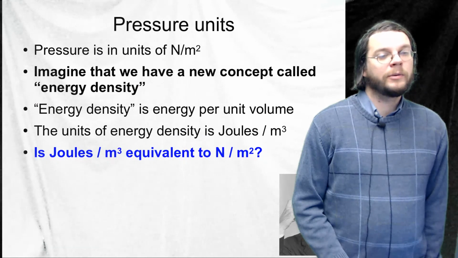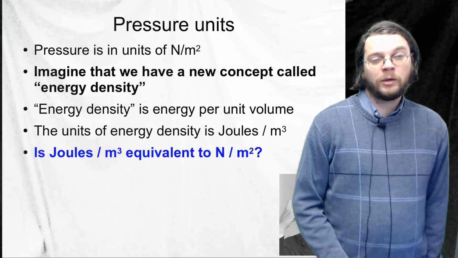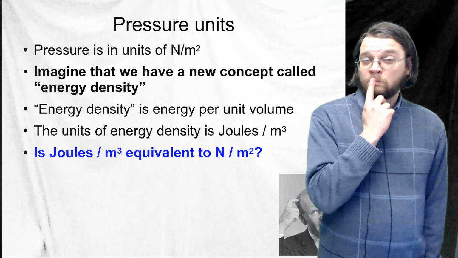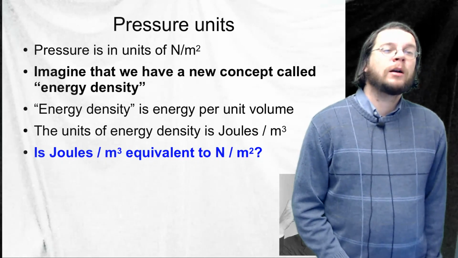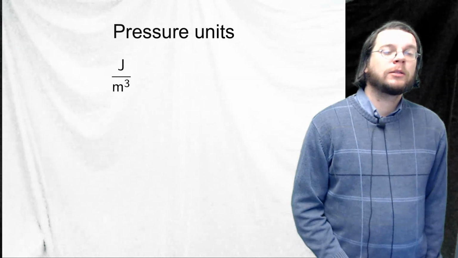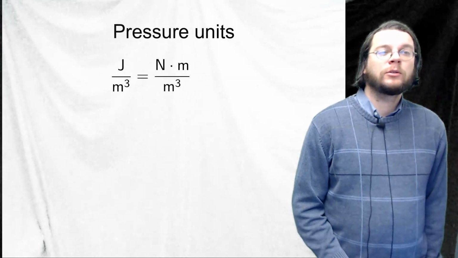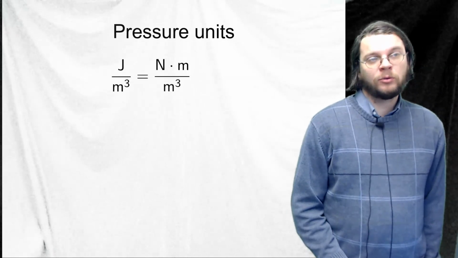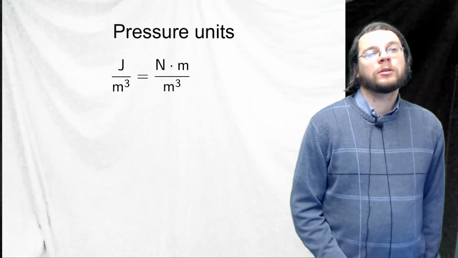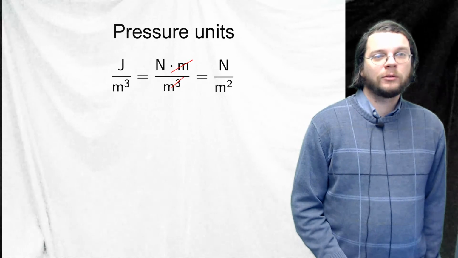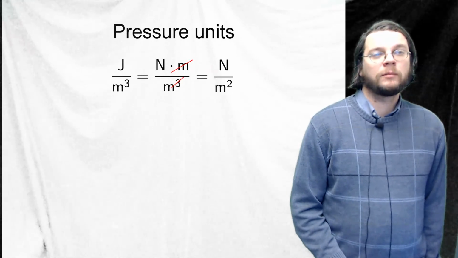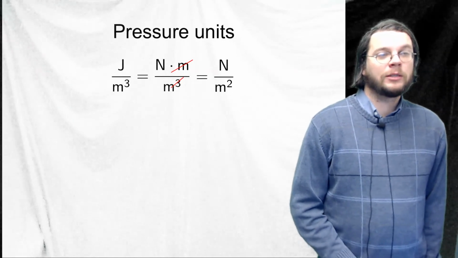Is newtons per meter squared equivalent to joules per meter cubed? Yes, it is equivalent. So 1 joule is a newton meter, so a joule per meter cubed is a newton meter per meter cubed, which is also a newton per meter squared. Okay? And so these things are equivalent to each other.